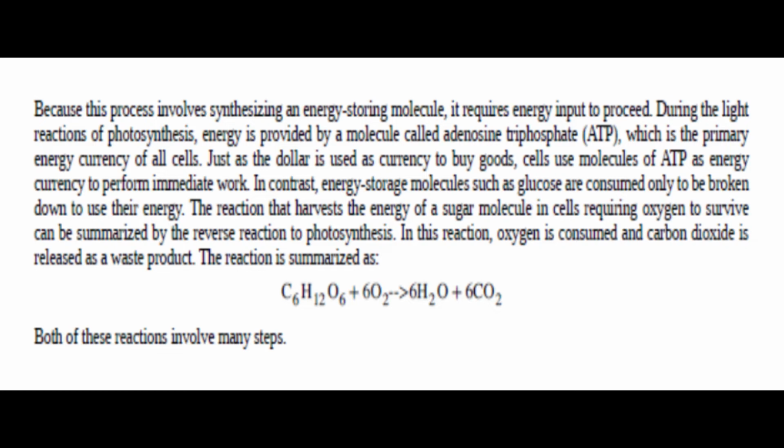Just as a dollar is used as currency to buy goods, cells use molecules of ATP as energy currency to perform immediate work. In contrast, energy storage molecules such as glucose are consumed only to be broken down to use their energy. The reaction that harvests the energy of a sugar molecule in cells requiring oxygen to survive can be summarized by the reverse reaction to photosynthesis.